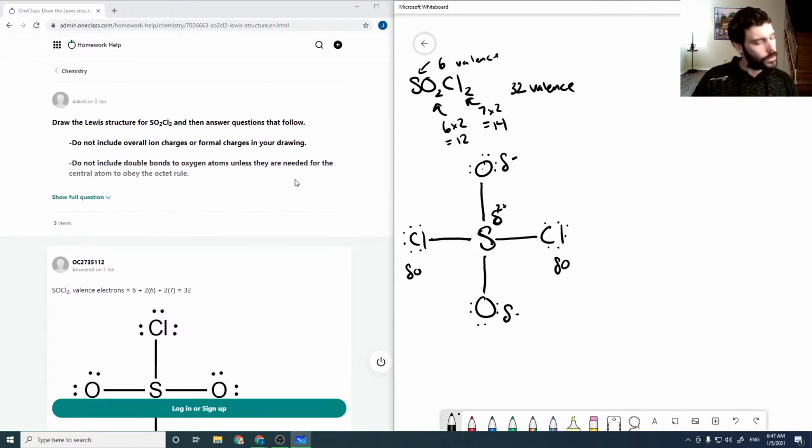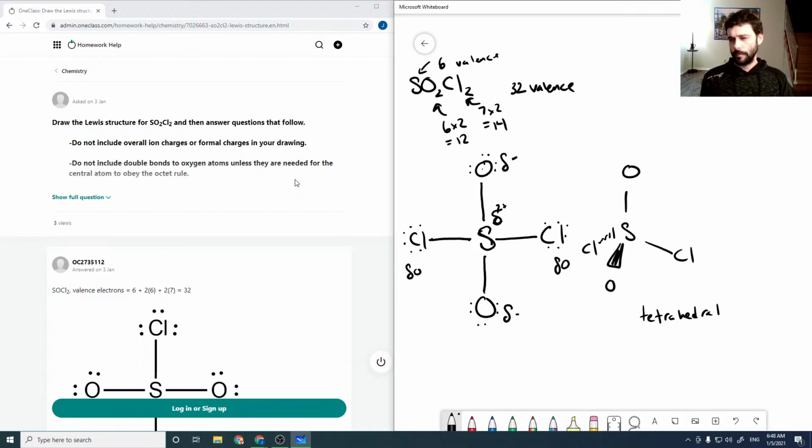Okay, so if we look at the structure around the molecule, if we drew this, it would look like this, which has a tetrahedral geometry. So the electron geometry would be the geometry of the bonds around sulfur, which is also tetrahedral.